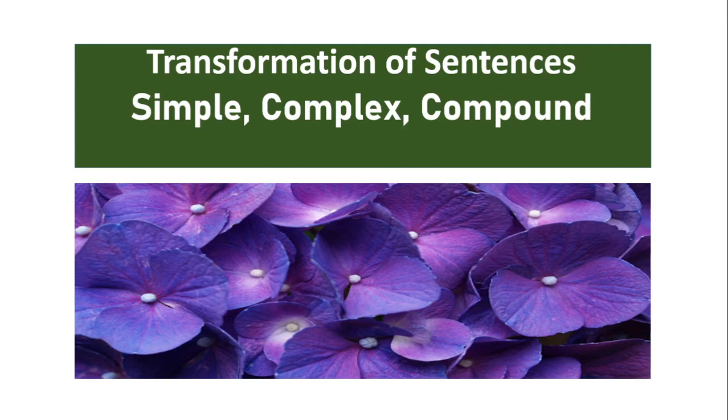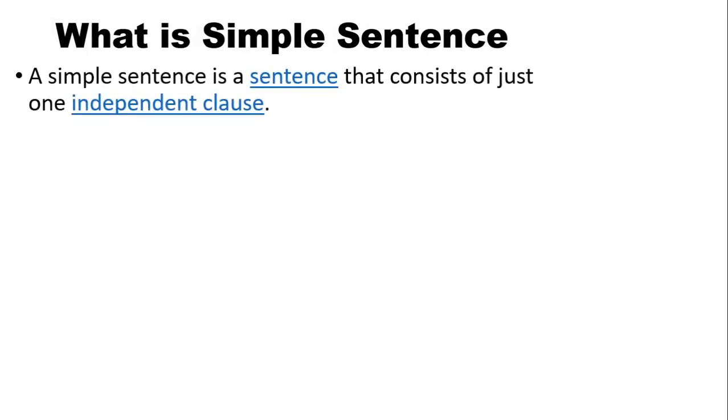what are simple, complex, and compound sentences. Okay, so what is a simple sentence? A simple sentence is a sentence that consists of just one independent clause. An independent clause indicates a clause having subject, verb, and object. That means this clause is totally independent, and not dependent on another clause to express the meaning.